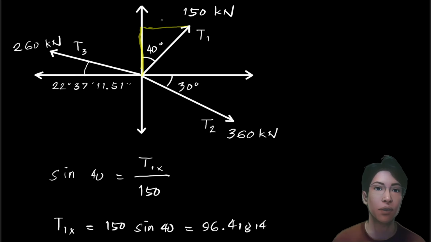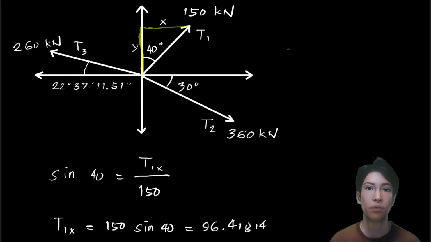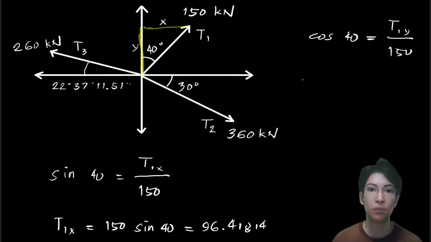So this is x, and this is y. Okay. So for the y component, we'll be using cosine 40, then adjacent. So y component will be t sub 1 y over hypotenuse 150.